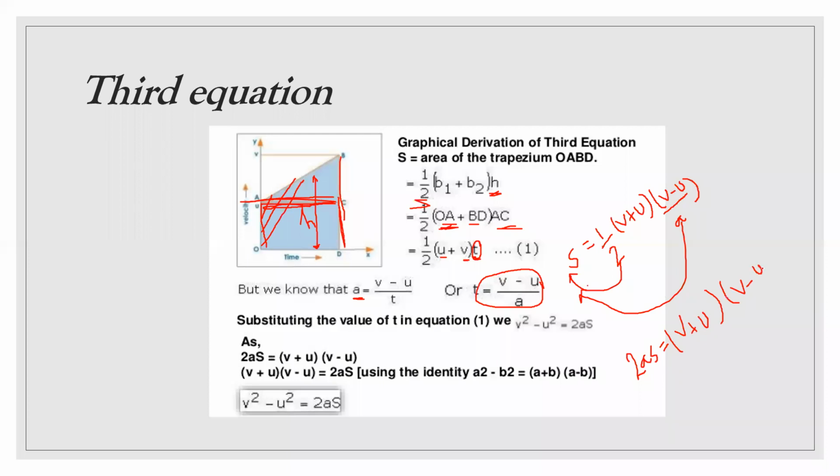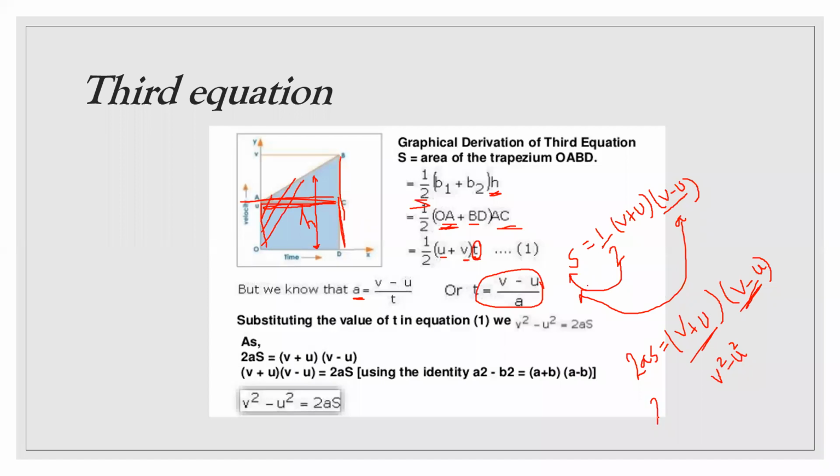Now what is this? v plus u and v minus u is equal to what? It is equal to v square minus u square. Yes, Gaurav, very good.